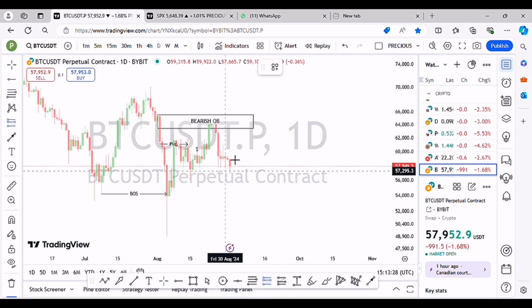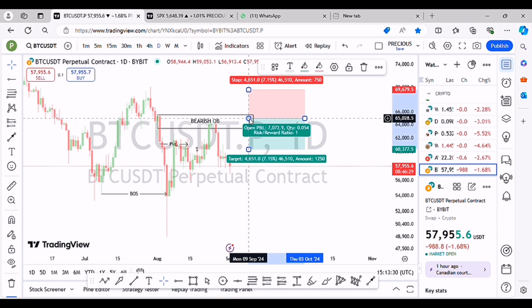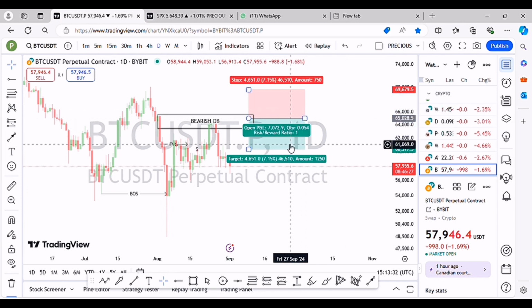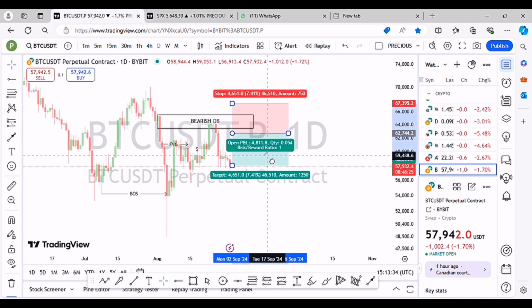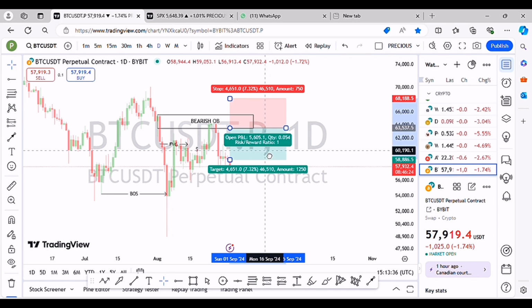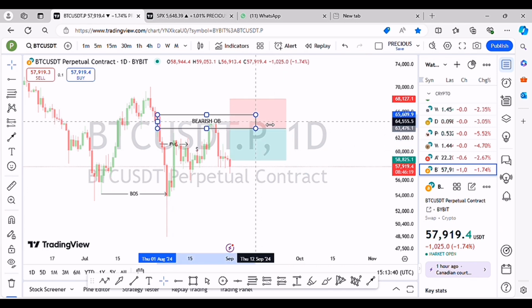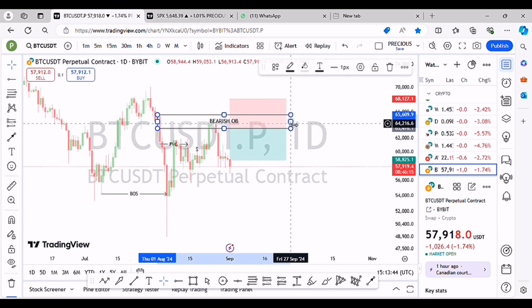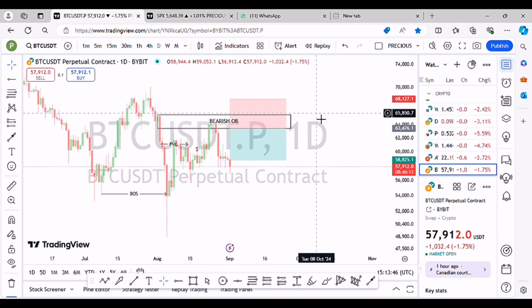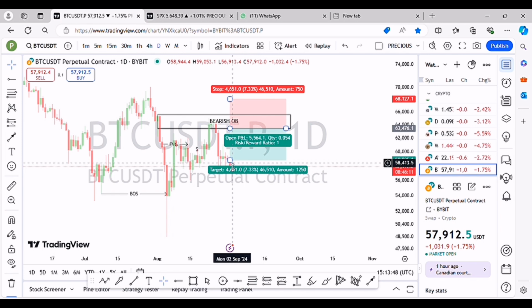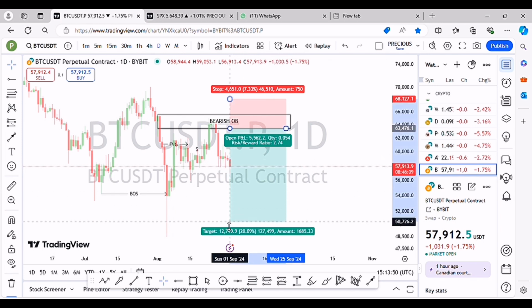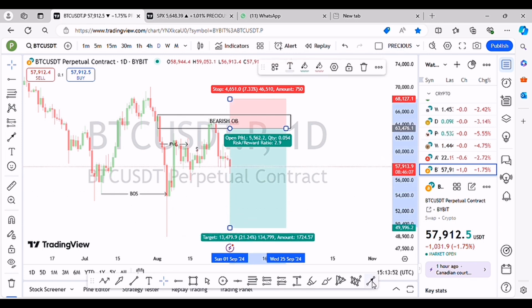So we have to short it, right, because it's bearish. We'll click on our short position, and then voila, we have this, and we have to align it with our order block. Align it to make our chart look neat and beautiful, if there is a word like that.